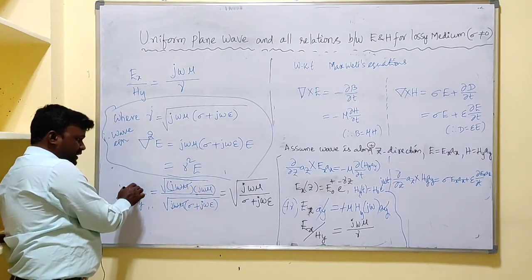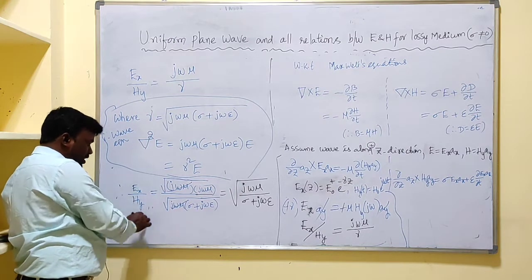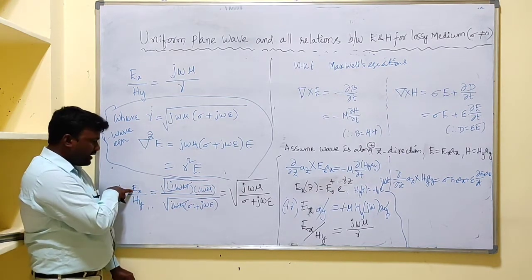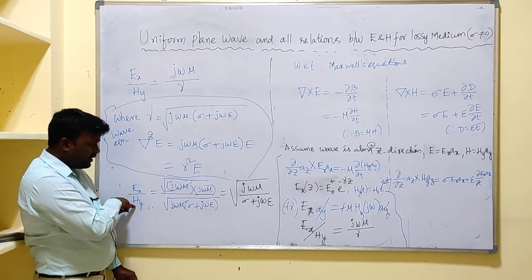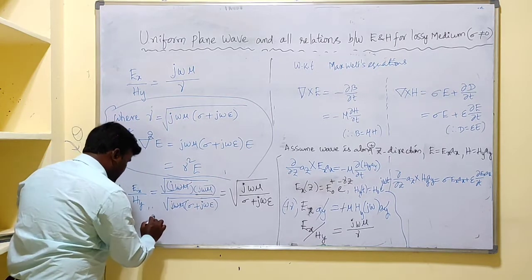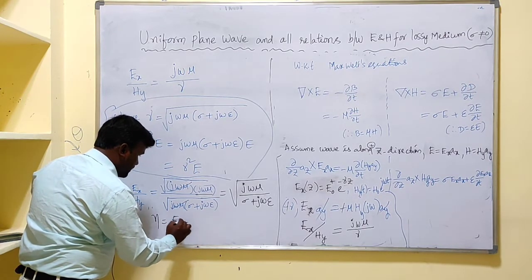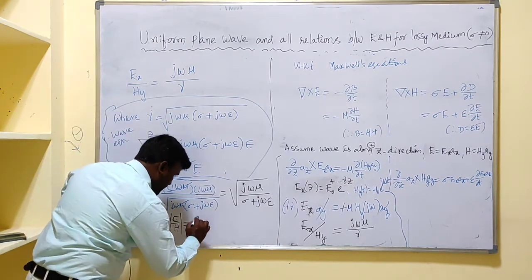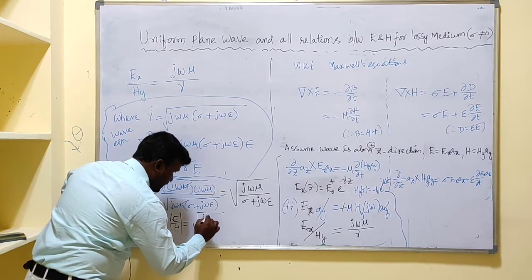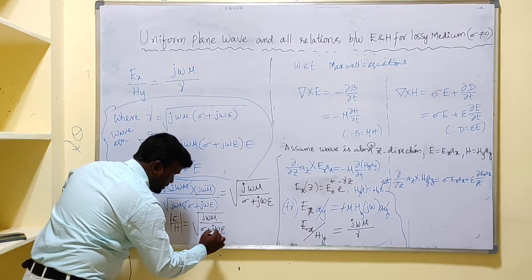It is the ratio of the magnitude of electric field intensity to the magnitude of magnetic field intensity, which is nothing but our eta, that is eta equal to E by H, that is mod E by mod H equal to under root j omega mu by sigma plus j omega epsilon.